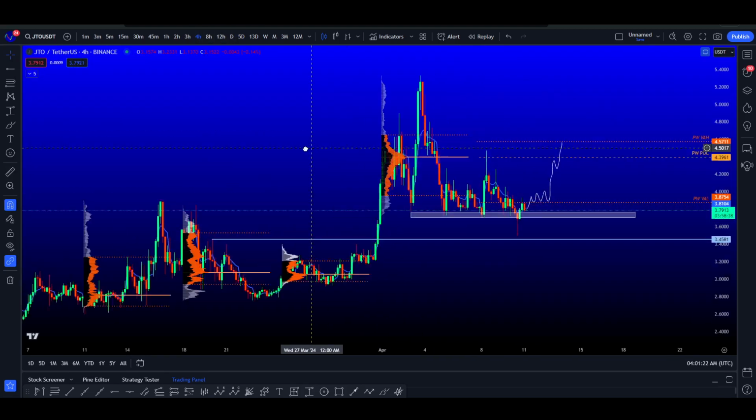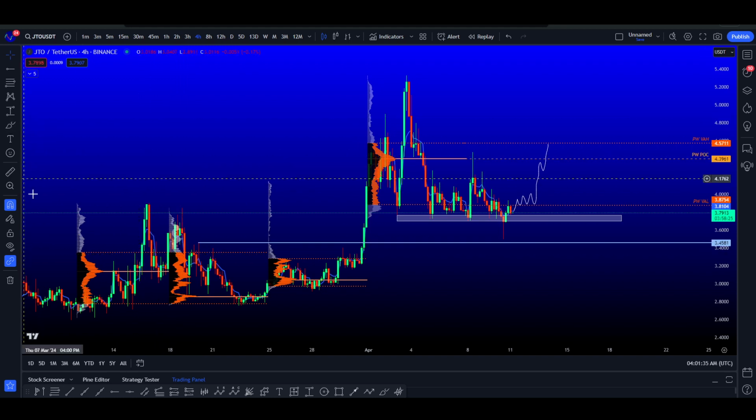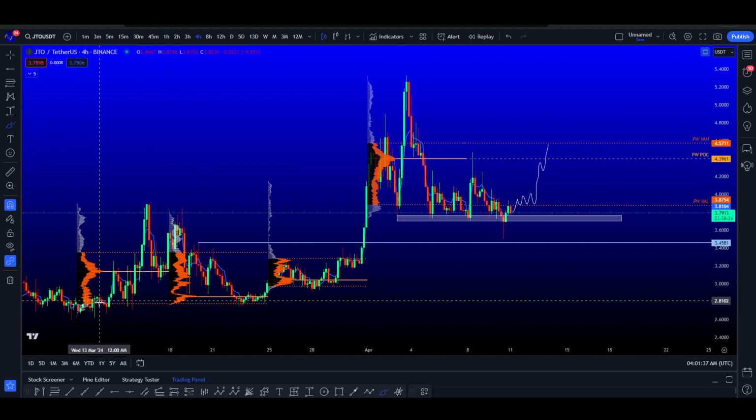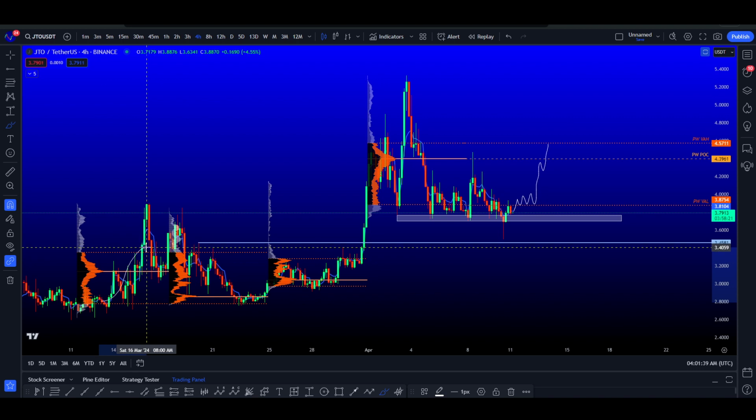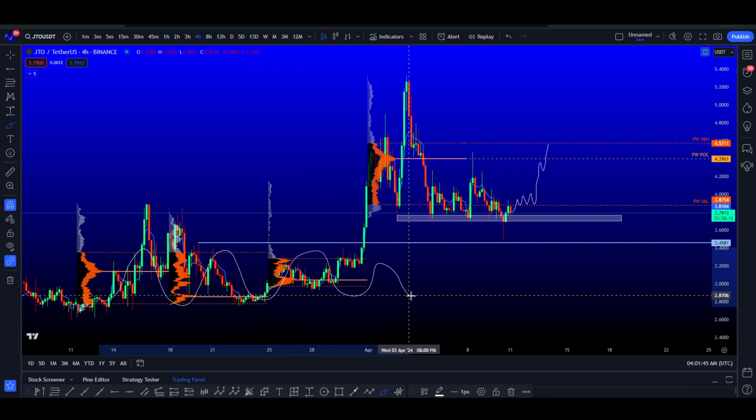Now, obviously, if we do lose this level, then the next area to really keep in mind would be a loss of around, let's see here, if we start trading below $3.50, then this entire range from $2.81 up to $3.40 is all in play, right?